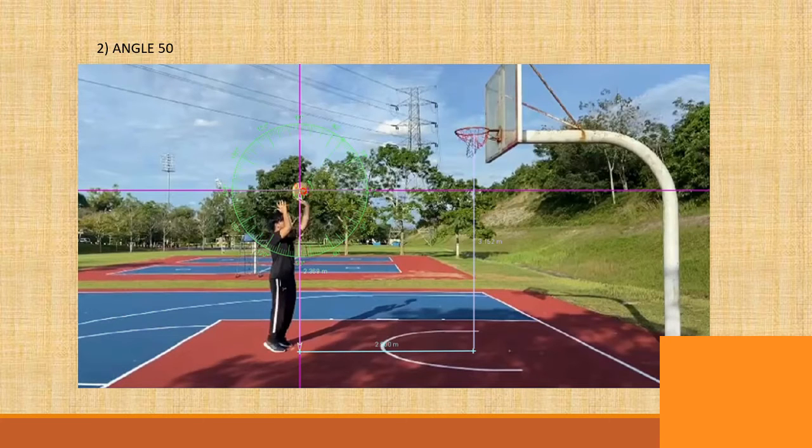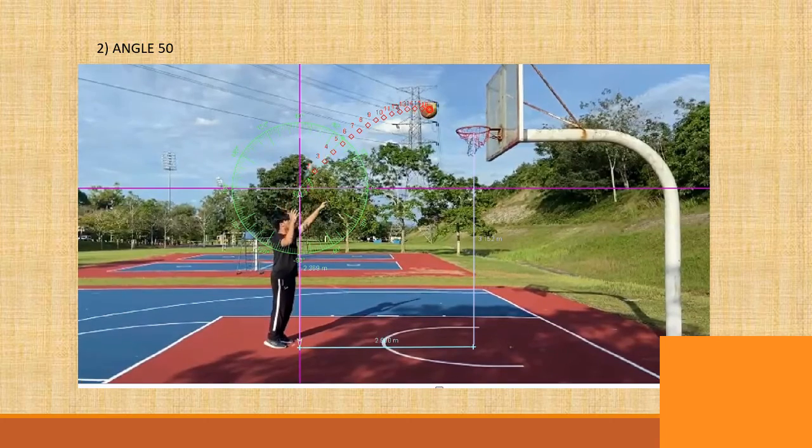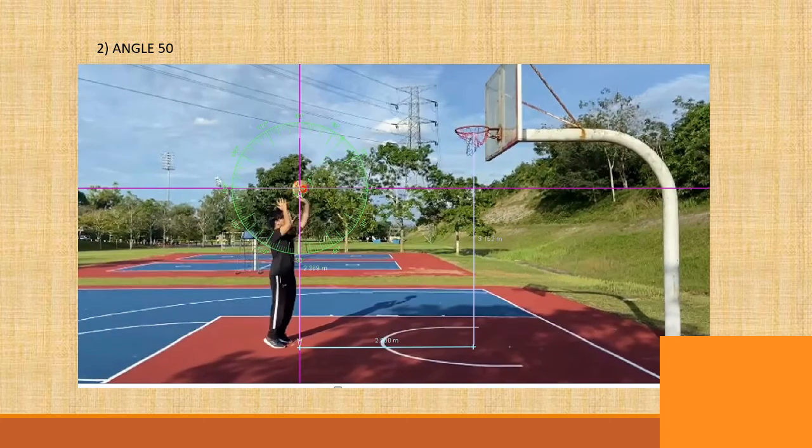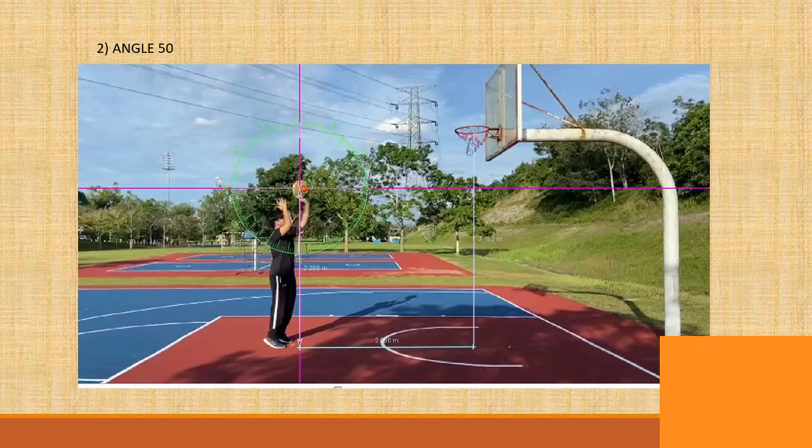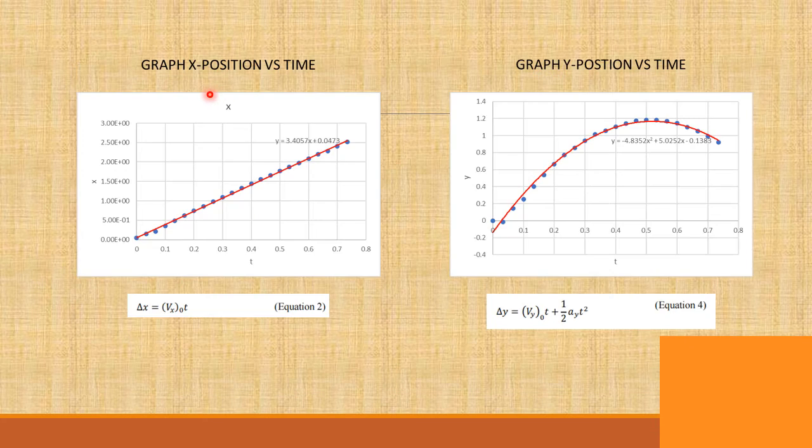This is our second angle simulation using Tracker software. Based on the data in the Tracker software, we compute an xt graph and a yt graph. For the xt graph, the graph increases linearly because displacement increases with time.